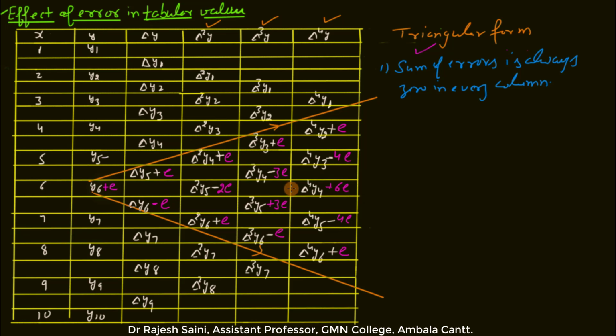So when we draw the horizontal line from here, this horizontal line will meet the value in the given table where error was present.